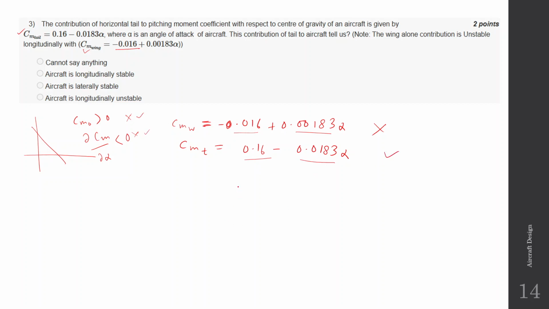Now we can find the total contribution of the wing and the tail on the aircraft. So it will be the summation of these two. So the total will be, let me calculate, this is 0.144.